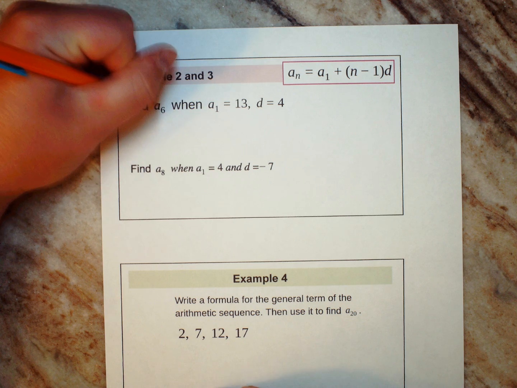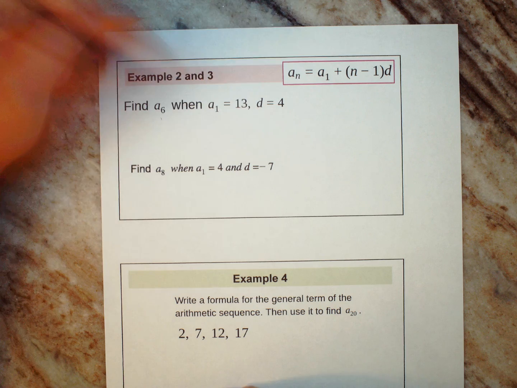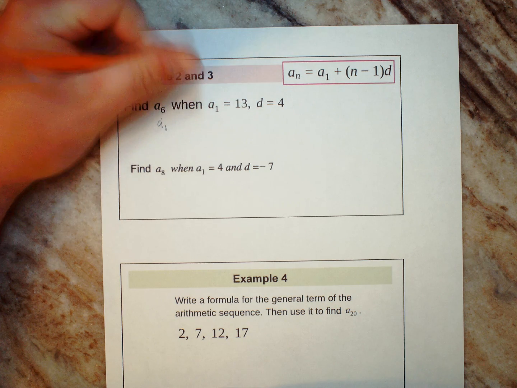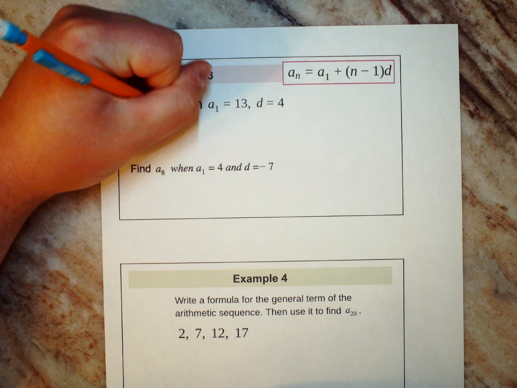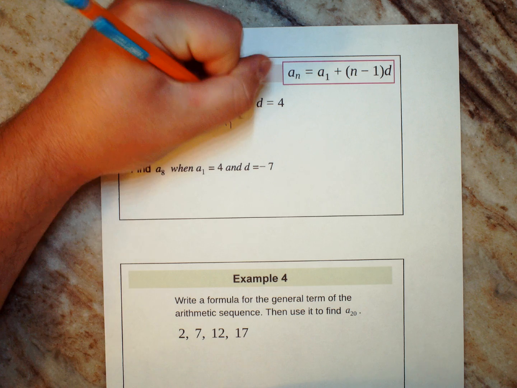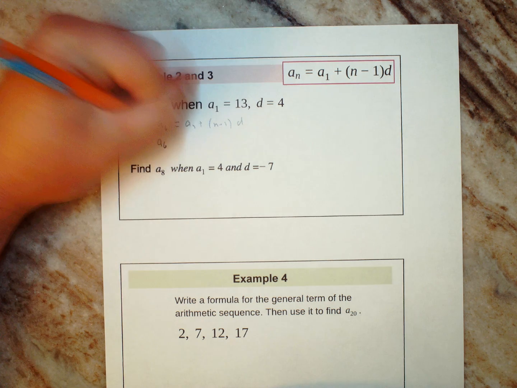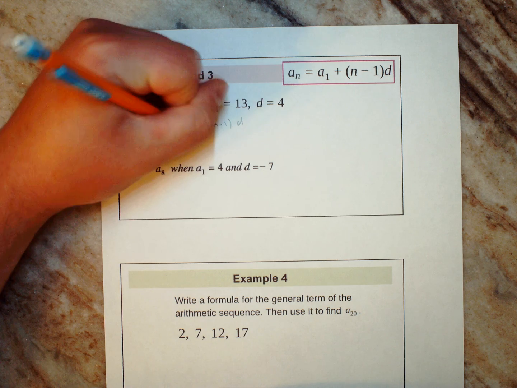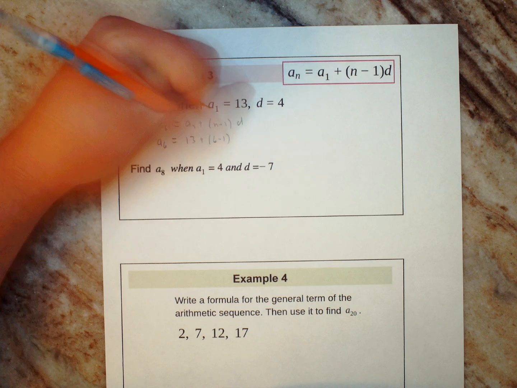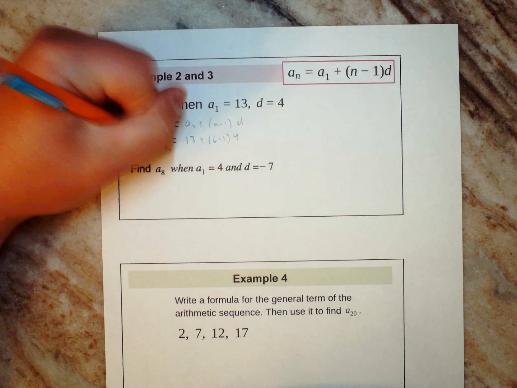We want to find a sub 6, the 6th term, when you have the first term and the common difference. So a sub 6 equals a1 plus n minus 1 times the common difference. The 6th term equals 13 plus 6 minus 1, so the 5th term, times the common difference, which is 4.